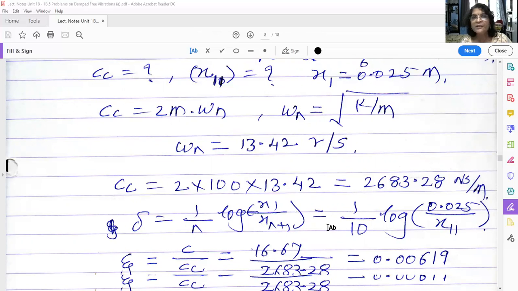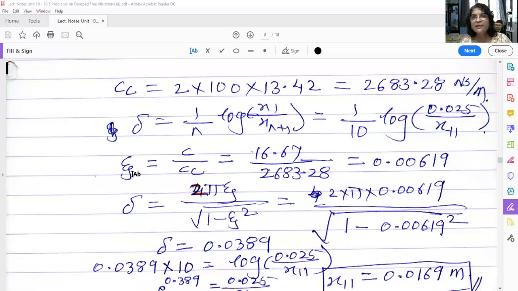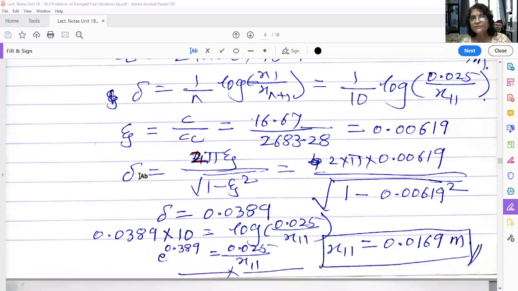Okay, then we can find out zeta because C is given, Cc we have found out. So zeta is equal to C upon Cc, that is 16.67 upon 2683.28 is equal to 0.00619. This is zeta, and from zeta what we will find out? Delta. Okay, so you know this formula we have derived.